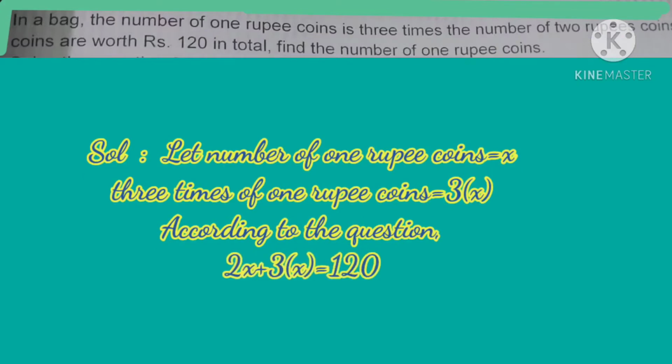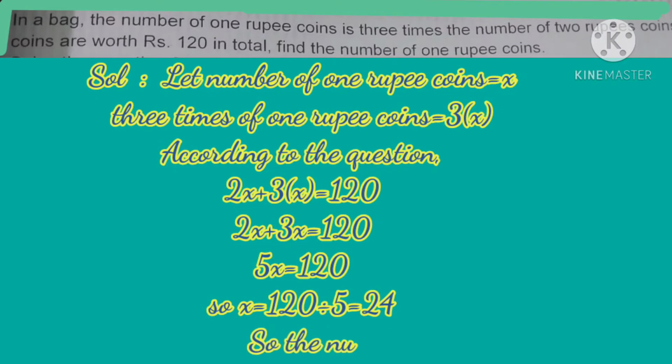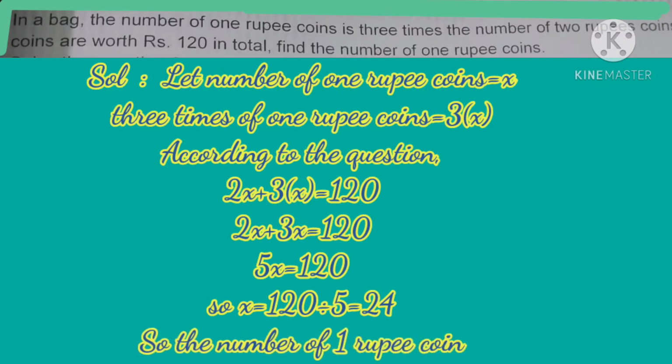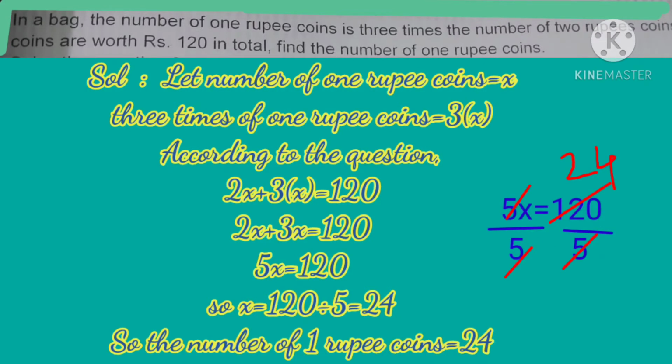So according to the question, 2 rupee coins and 3 times the number of 1 rupee coins is equal to 120. Meaning total money is 120. So we will add 2x plus 3x is equal to 120, 5x is equal to 120. Now we will divide both sides by 5. So 5 will cancel out, and 120 divided by 5 is equal to 24. So the number of 1 rupee coins is equal to 24.